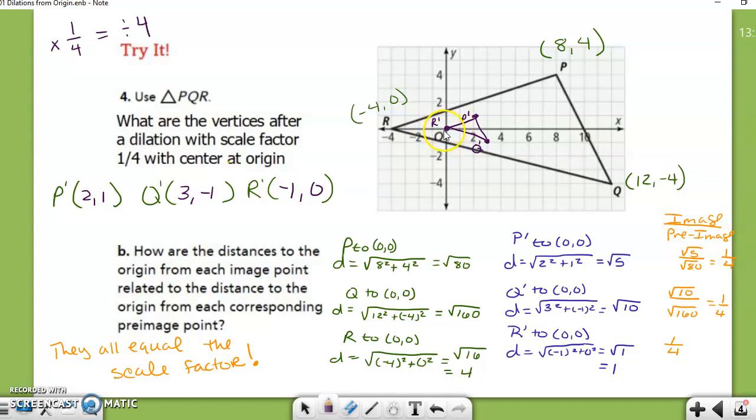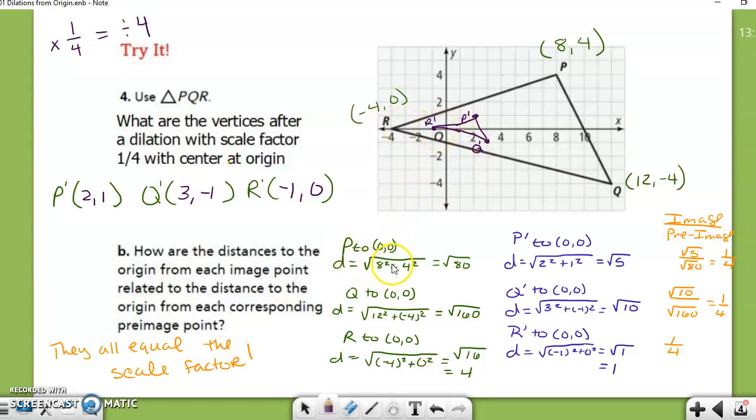Okay, I have my R prime graphed at the wrong spot. Let's fix that quickly. That's supposed to be at -1. So that's going to be 1, and that's going to be 4.